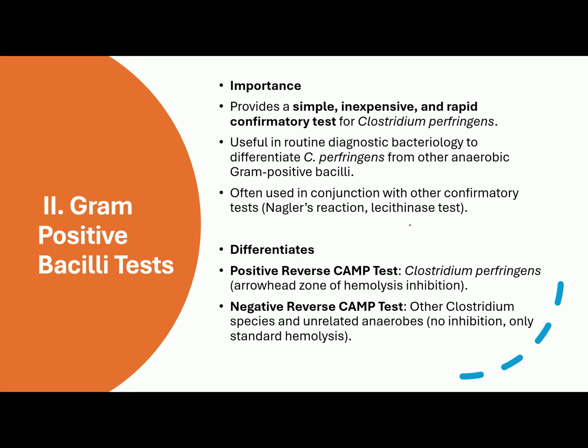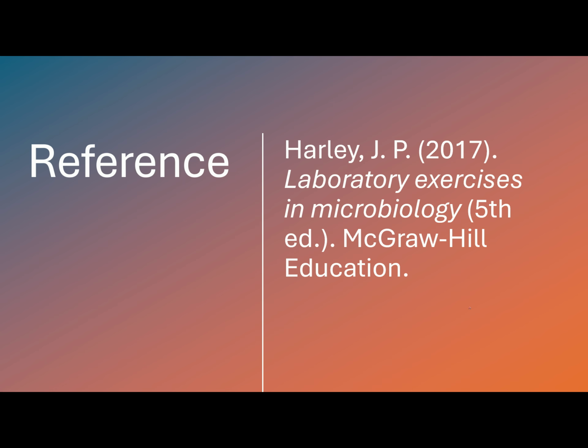It provides a simple, inexpensive, and rapid confirmatory test for Clostridium perfringens, useful in routine diagnostic bacteriology, often used in conjunction with other confirmatory tests. It differentiates positive reverse CAMP test, Clostridium perfringens, from negative other Clostridium species and unrelated anaerobes. So this is the reference use. Thank you.